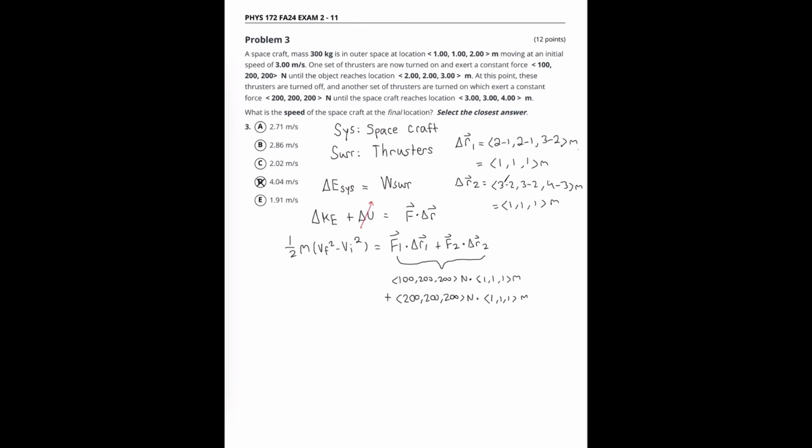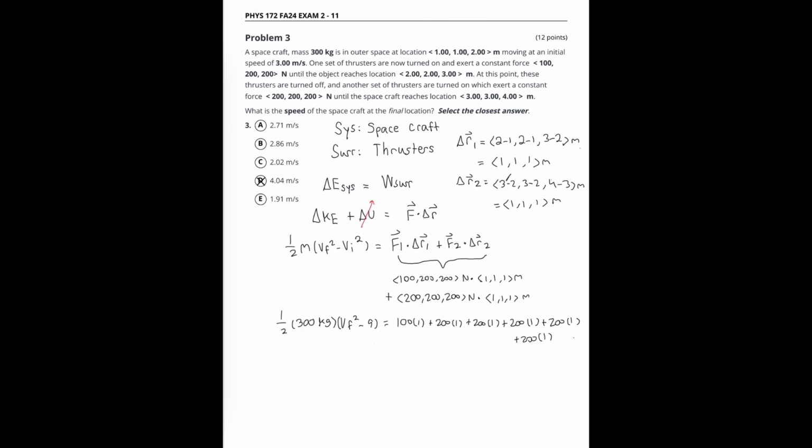And so when we simplify that, we get 1/2 times the mass, which is 300 kg, times v final squared minus v initial squared, which is in this case 3 squared, which is 9, is equal to, we have to recall the definition of the dot product. It will be 100 times 1 plus 200 times 1 plus 200 times 1, plus 200 times 1 plus 200 times 1 plus 200 times 1.